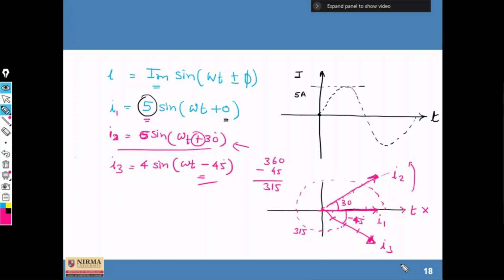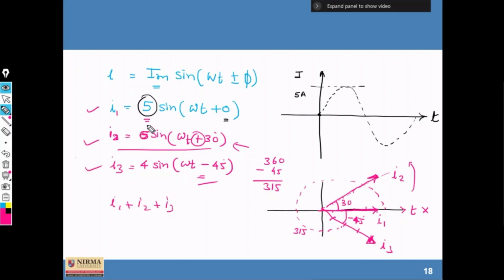Now what is the significance of representing all these quantities in a single waveform, or we can say a single graph paper? Suppose we want to add these 3 different currents, I1 plus I2 plus I3.